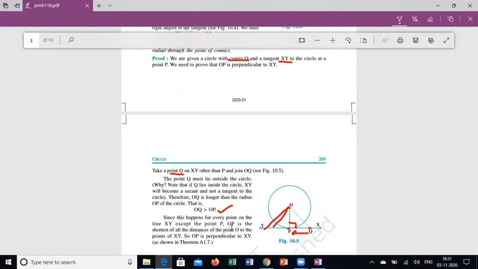If Q is lying outside, it should be greater than the radius. So it will happen at every point on XY except P. So OP is the shortest distance, and the shortest distance between a point and a line is always the perpendicular distance.